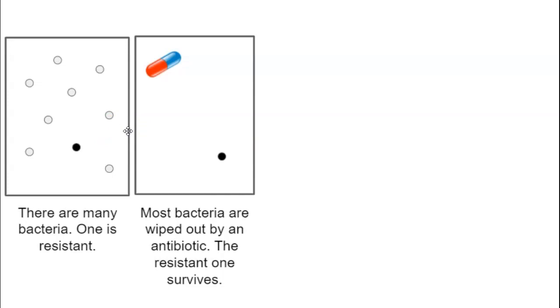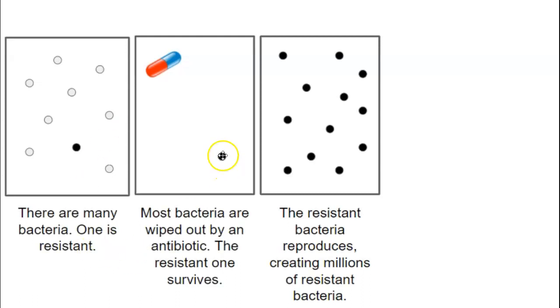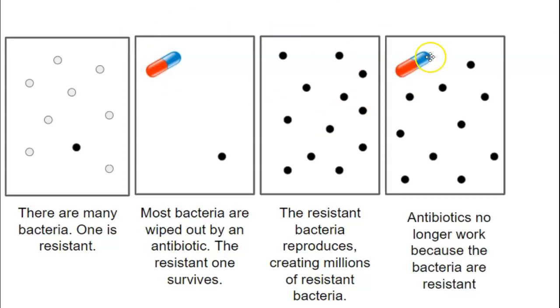And then over time the population is going to change. The resistant ones reproduce, creating millions of bacteria. And now all of a sudden, this antibiotic didn't work. It didn't wipe out all the bad bacteria. You've got an infection again. And when you try to take an antibiotic again, it doesn't work because the bacteria are resistant.